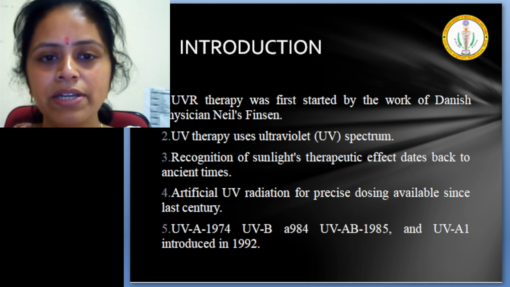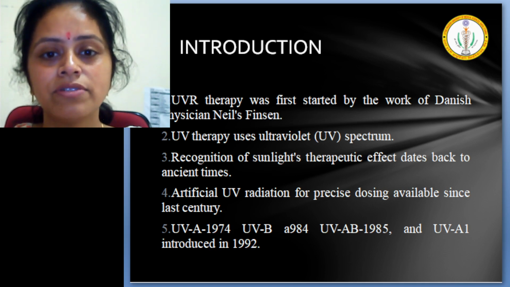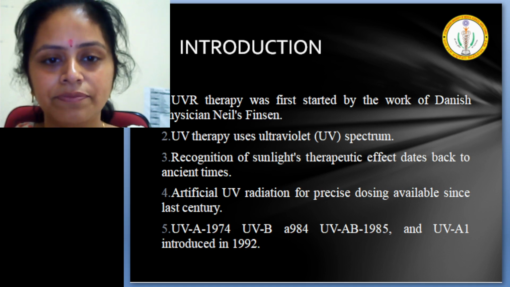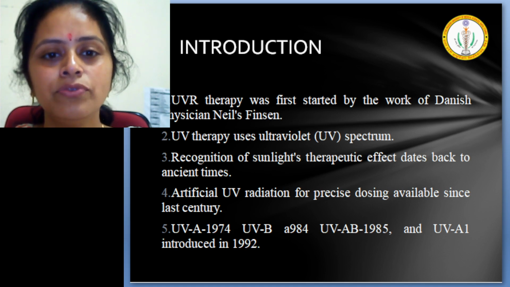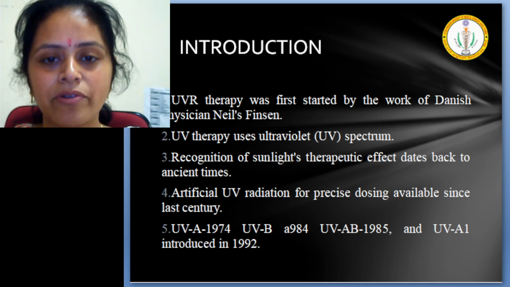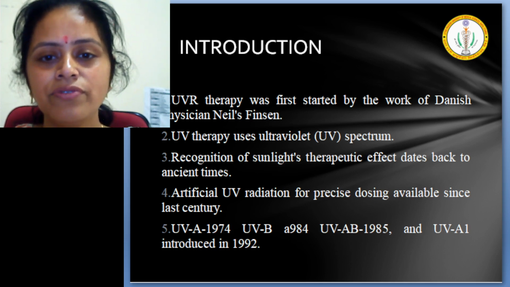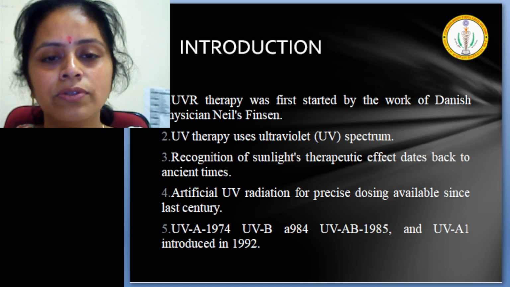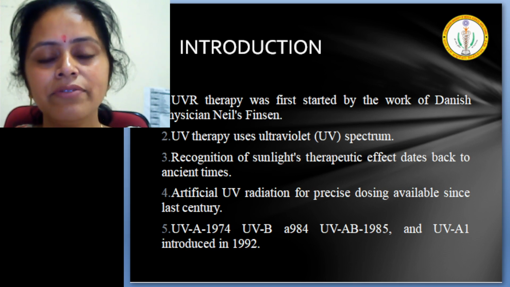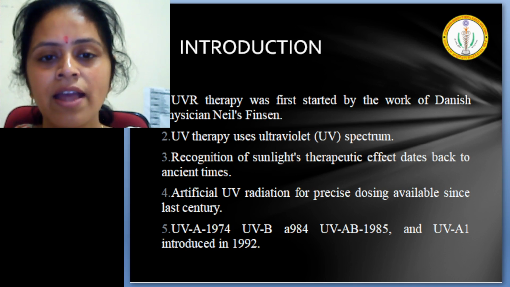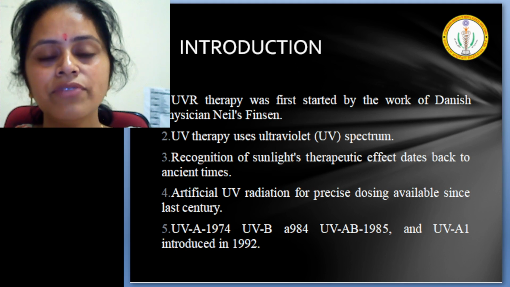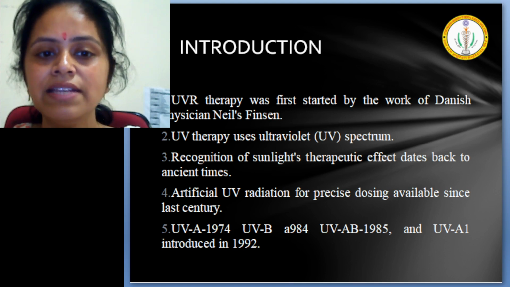UVR. So let me tell you in detail that UVR therapy was first started by the work of the Danish physician Niels Finsen. So basically UV therapy uses ultraviolet spectrum energy, and its recognition of sunlight's therapeutic effect dates back to ancient times. So the natural source is coming from the sun, and the artificial UV radiation, which has these specific wavelengths built inside the machine for precise dosing, is available only since the last century.